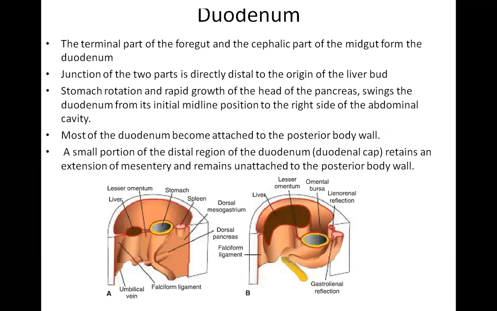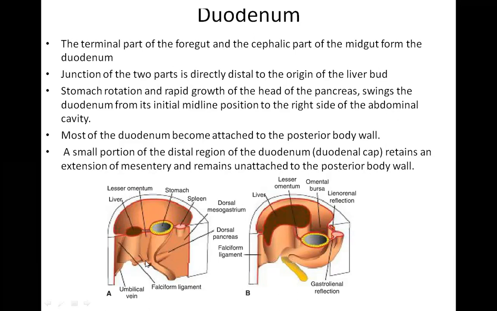Now comes the development of the duodenum. The terminal part of the foregut and the cephalic part of the midgut form the duodenum. The junction of the two parts is directly distal to the origin of the liver bud. Stomach rotation and rapid growth of the head of the pancreas swing the duodenum from its initial midline position to the right side of the abdominal cavity.